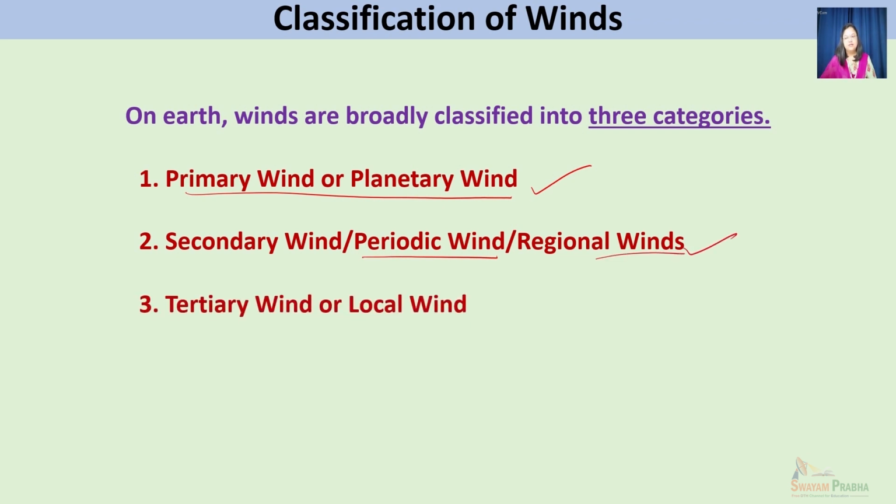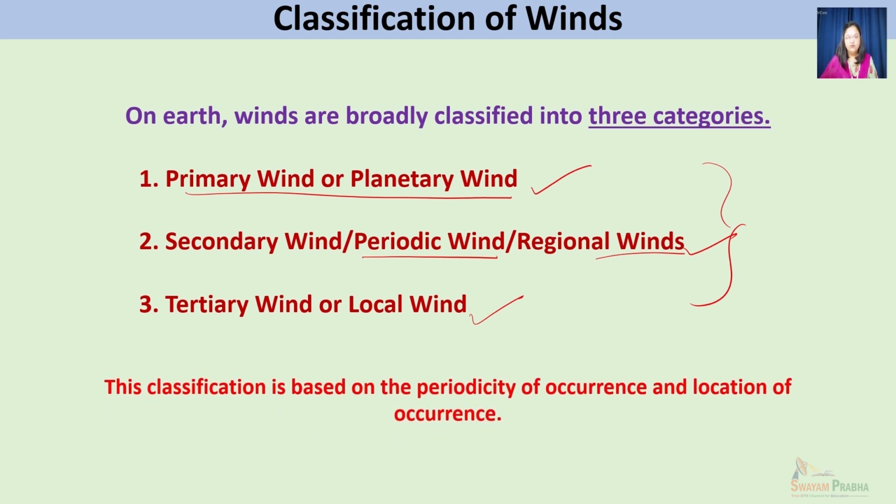And third category is the tertiary winds or local winds, and all these winds are classified on the basis of their periodicity of occurrence and their location of occurrence. So based on the extent of their coverage and the periodicity of their occurrence, they are divided into three broad categories, and within these we have already discussed the primary winds or planetary wind system, and in this video we'll be focusing on secondary wind circulation around the world.